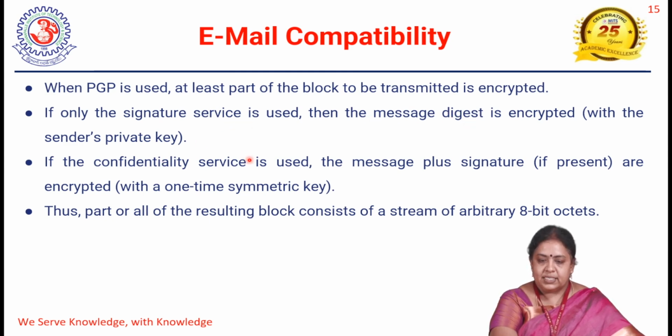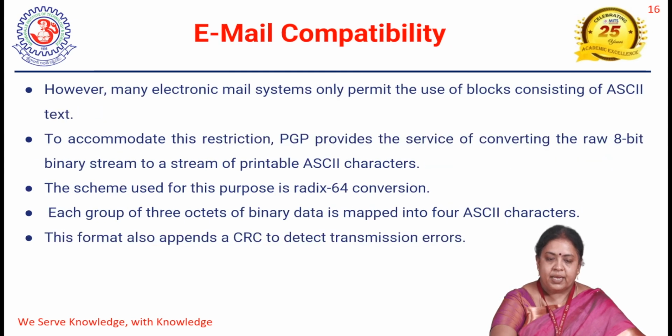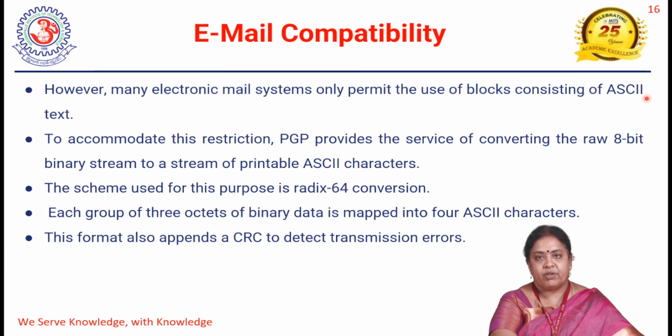If the confidentiality service is used, then the message and signature have to be encrypted. When we apply these, the resulting block consists of a stream of arbitrary 8-bit octets. But generally, email supports only ASCII text, that is 7-bit only. It does not support 8-bit. So in order to remove this restriction, it is going to convert.